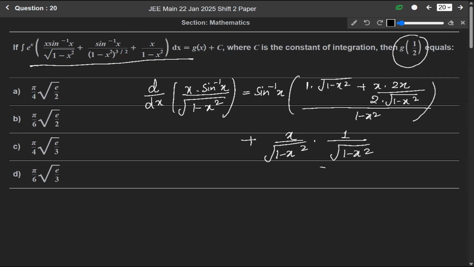When we solve it, we get sin⁻¹x / (1 − x²)^(3/2) plus x / (1 − x²).